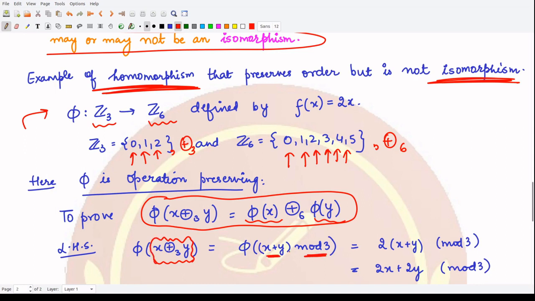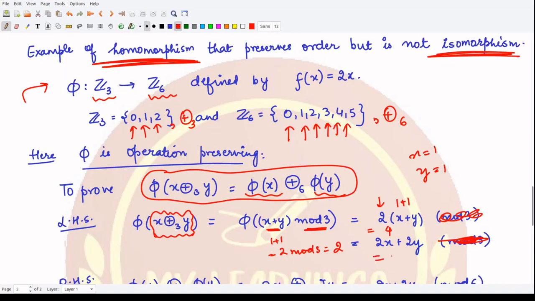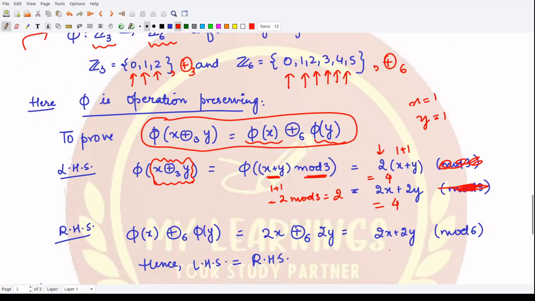Let's take x is 1, y is 1. Then x plus y is 2, and 2 mod 3 is 2 only. So you have phi of 2, and as phi of x is 2x, the answer is 2 into 2, which is 4. The left hand side is equal to 4.